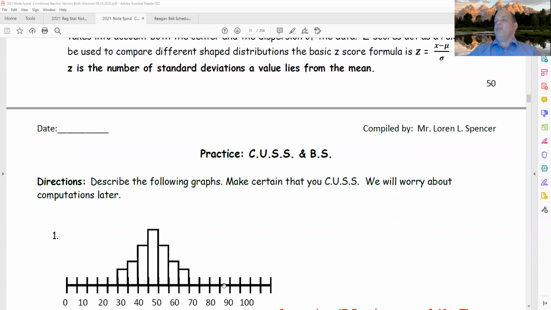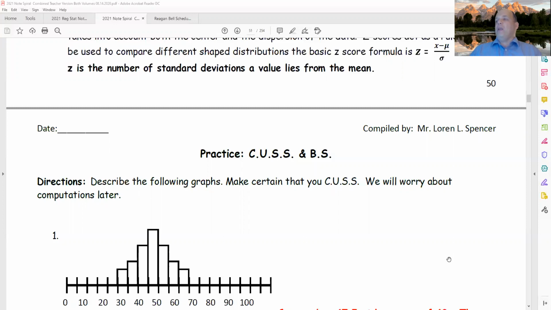worry about computations later. Well, the very first thing I look at this is I sit there and go, hey, I can see the shape. And I notice it's mound shape, so I'm going to need to record that it's mound shape, so that's center. I really don't see any unusual features. If you don't see any, you can say you didn't see any, or you can go ahead and leave that out if there are no unusual features.